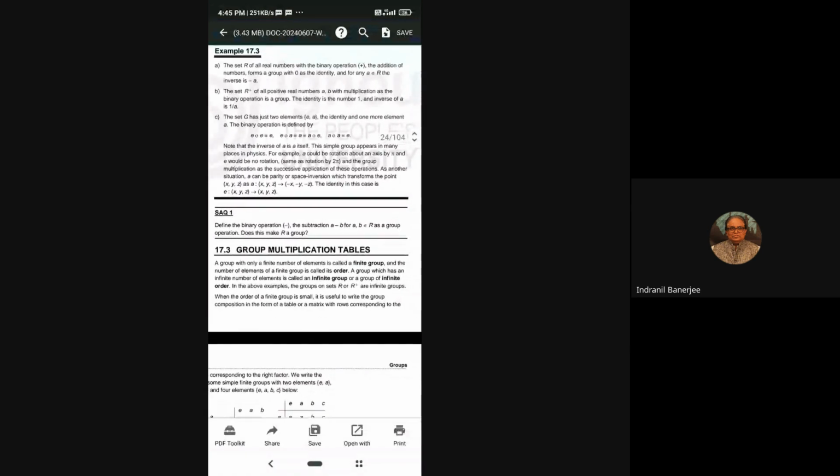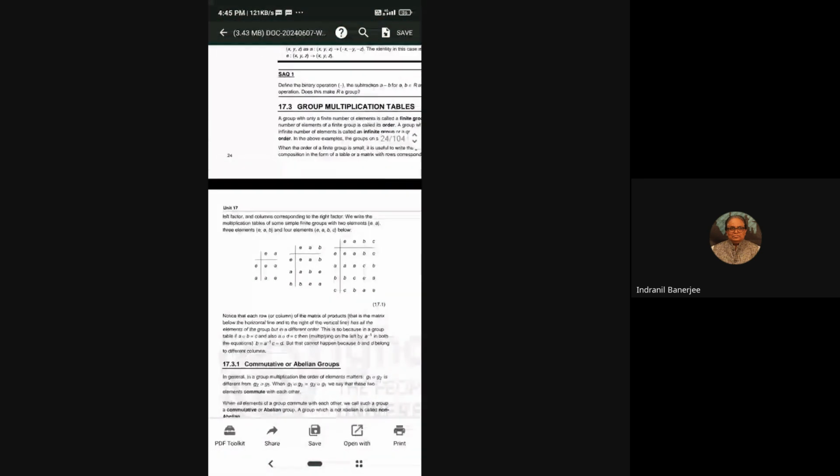A group with only a finite number of elements is called a finite group, and the number of elements of a finite group is called its order. A group which has an infinite number of elements is called an infinite group or a group of infinite order. In the above example, the groups on the sets R or R superscript plus are infinite groups. So you see in the screen 17.1.